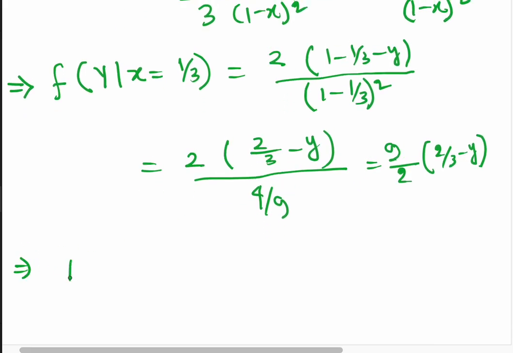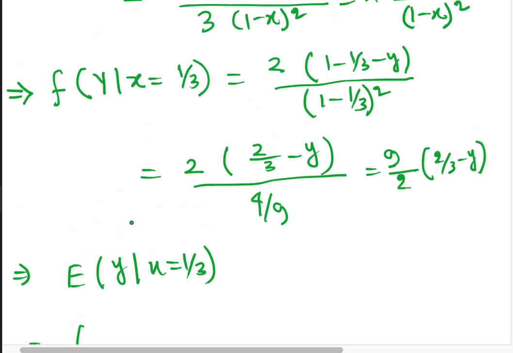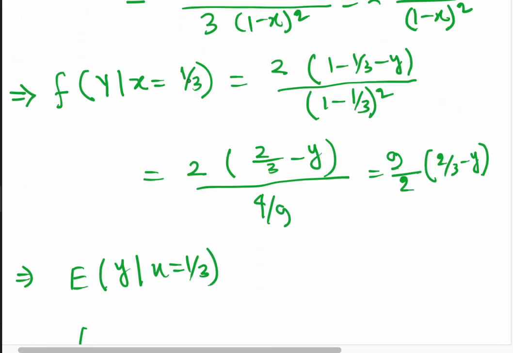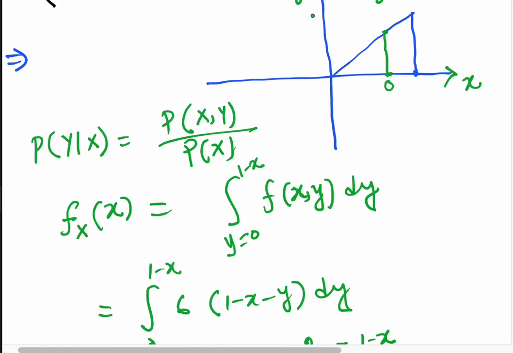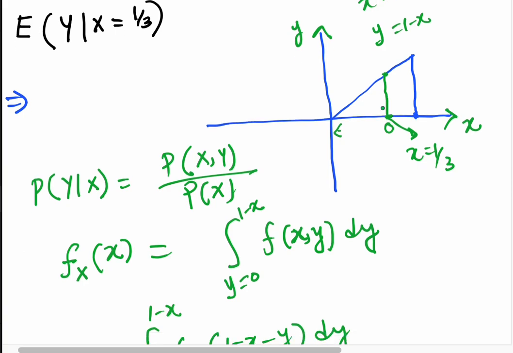Now what is the expectation of y given x equal to 1/3? That is nothing but integration. And what is the limit of y? Suppose this value of x is 1/3. So what is the limit of y? Y is going from 0 to 1 minus x, then 0 to 2 by 3.